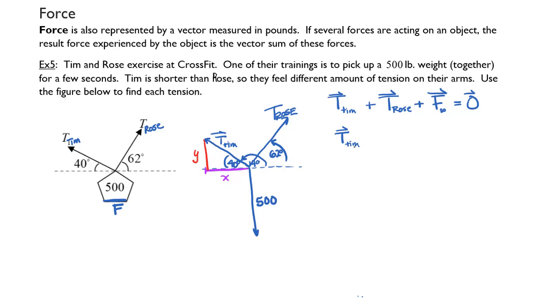So we can write the component form for the tension in Tim's arms just like we did before. The magnitude of T sub Tim, I'm just going to abbreviate it to T, times cosine of 140 degrees, and the tension magnitude for Tim times sine of 140 degrees.